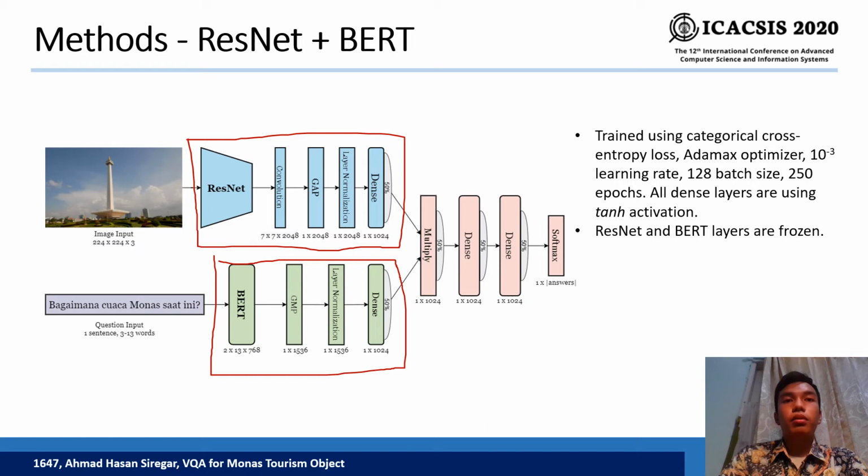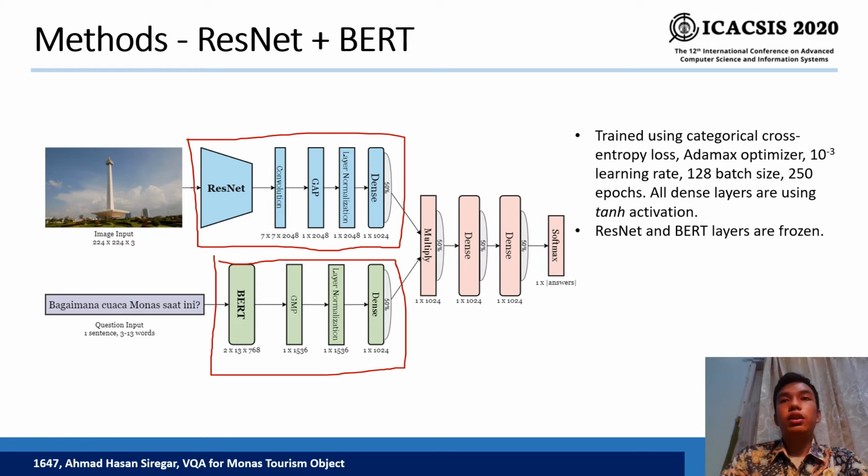We have BERT and then we apply global pooling and normalization and transform using dense layers into a 1 by 1024 vector representation of the question. Because the outputs of the image embedding and the question embedding are the same size, we can apply a multiply operation and we get a 1 by 1024 mixed representation of the image and the question. And finally, we get the answer distribution using softmax.